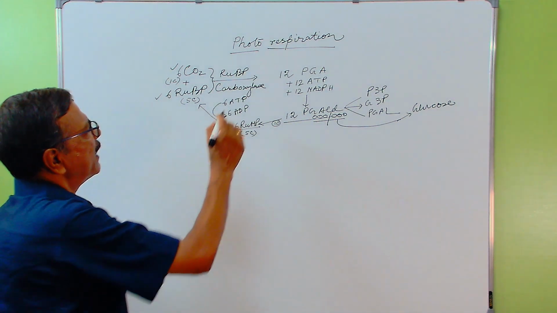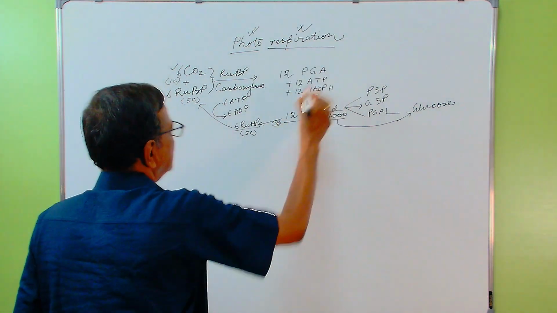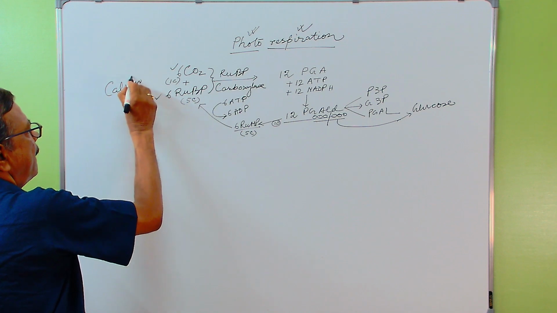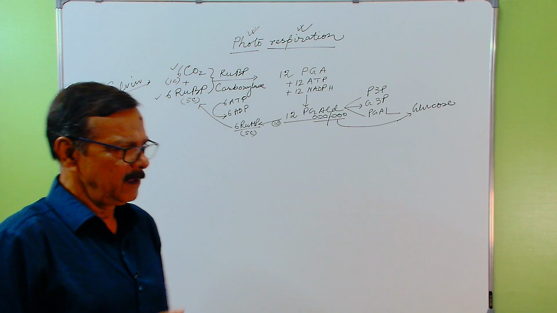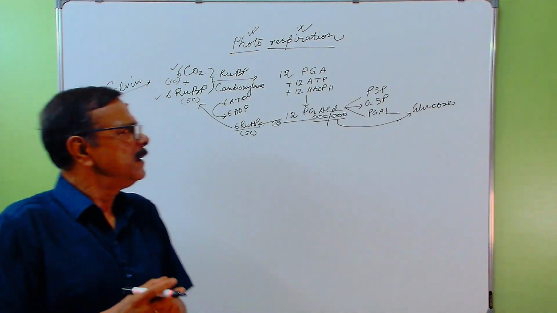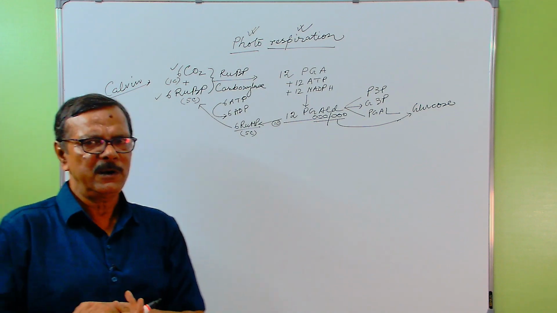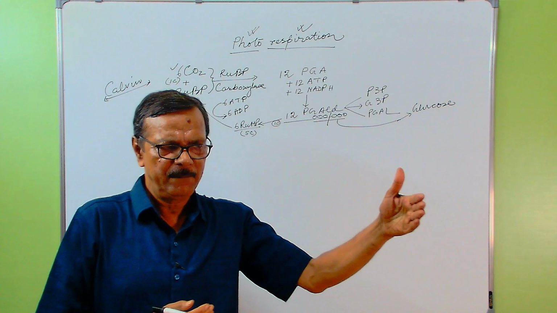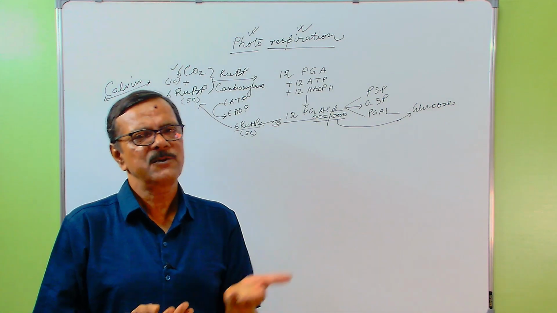So while we are reading this photosynthesis and respiration, this is known as the Calvin cycle. This is simply a recapitulation. Why are we not reading it? Because earlier it was thought that the rate of respiration was the same in the light as well as in the dark.